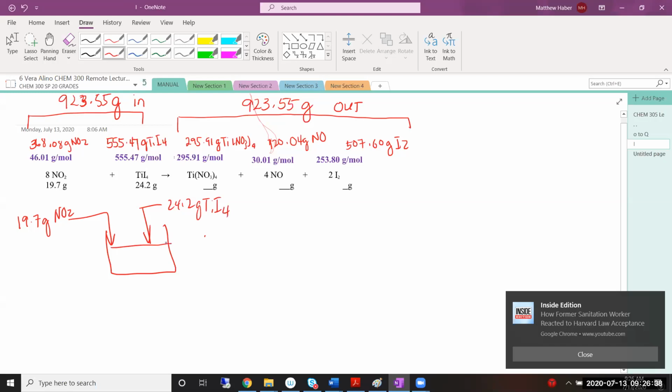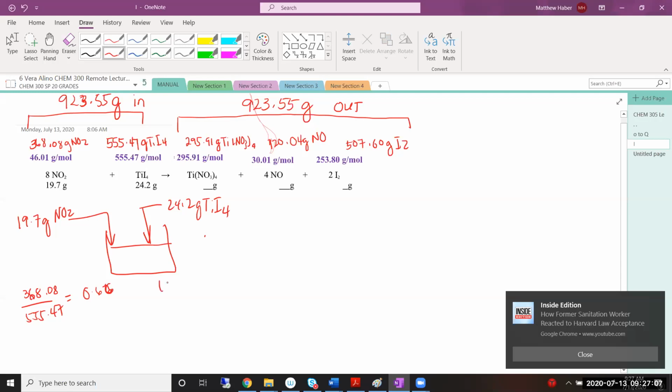Now, chances are these are not at stoichiometric proportions. Are they? You can do a quick check, right? So is the ratio here 368.08 over 555.47? The ratio here, for that stoichiometric amount, is 0.67, okay, or 0.66.